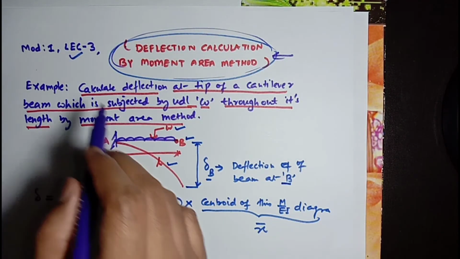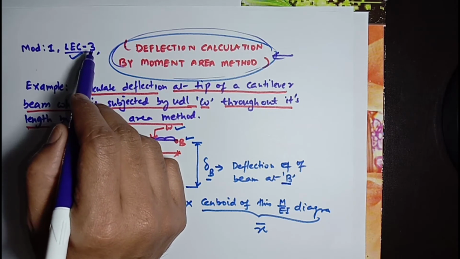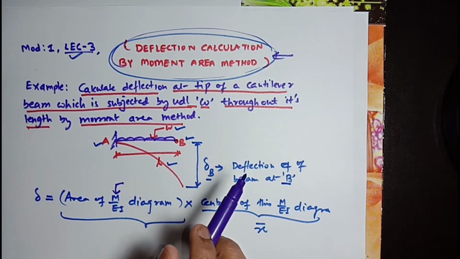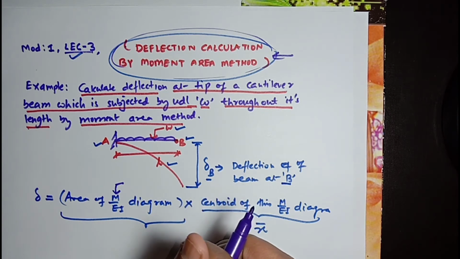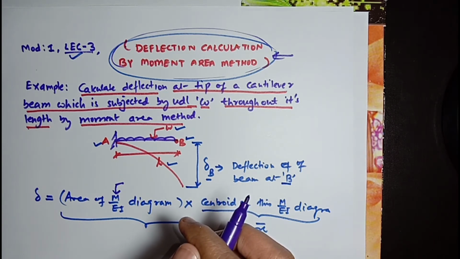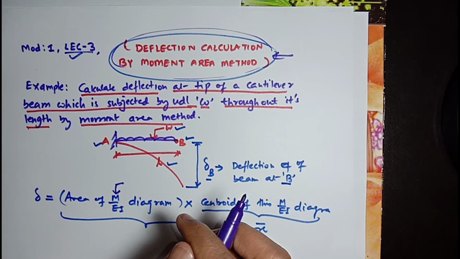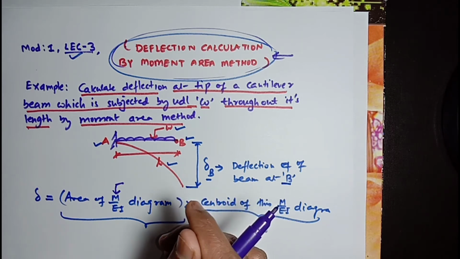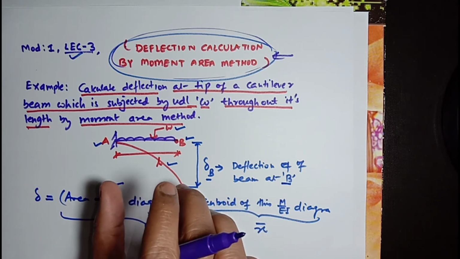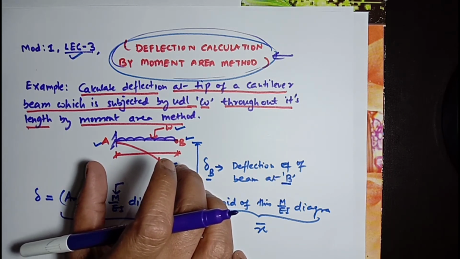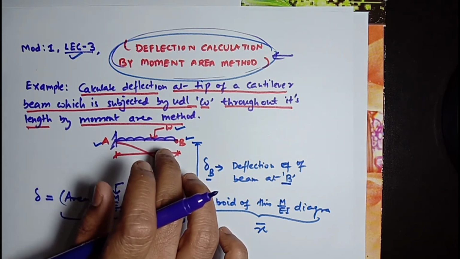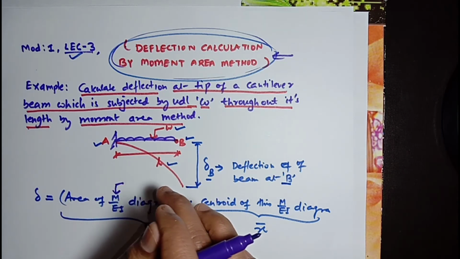This is our lecture third, in which we are going to find out deflection at point B. But in our second lecture, we solved the same example, same length of cantilever beam having UDL, but that was solved using the unit load method.